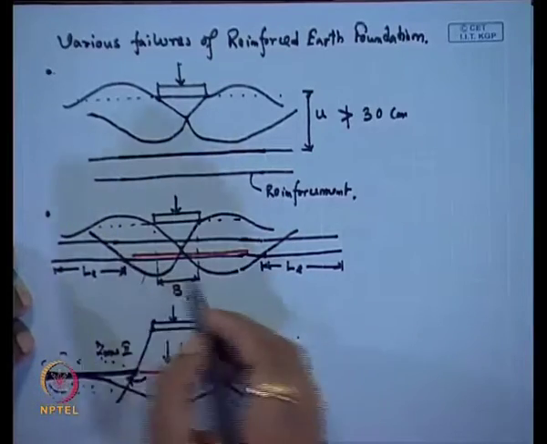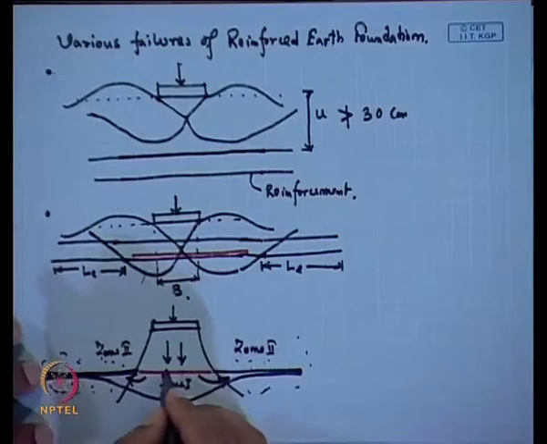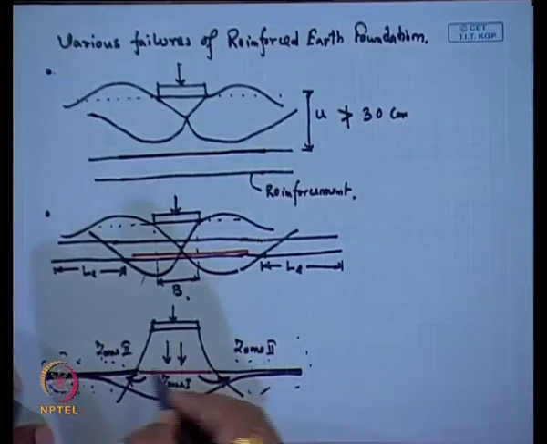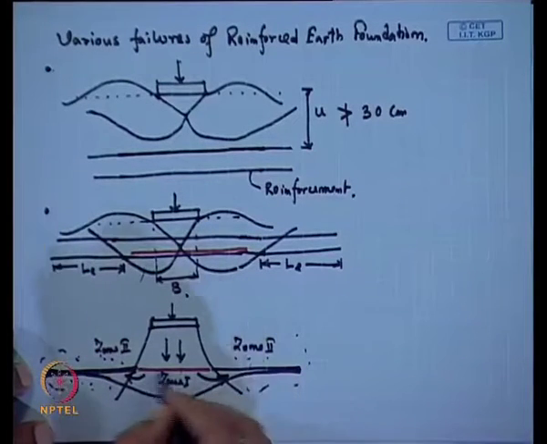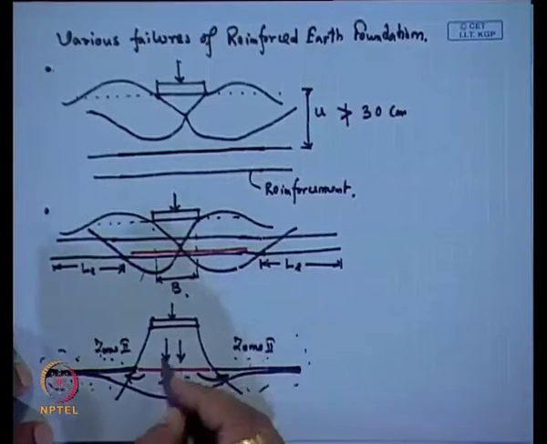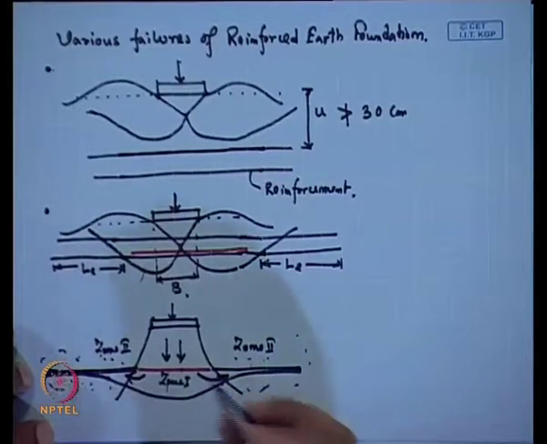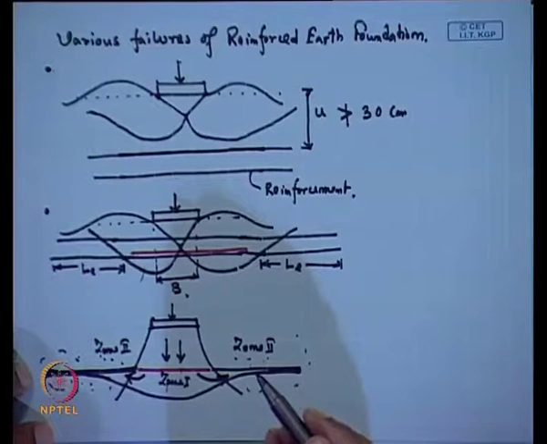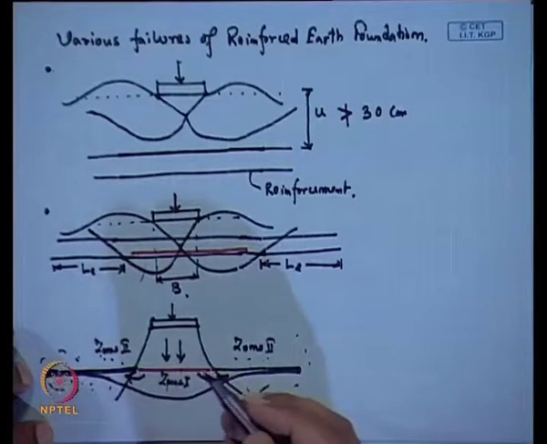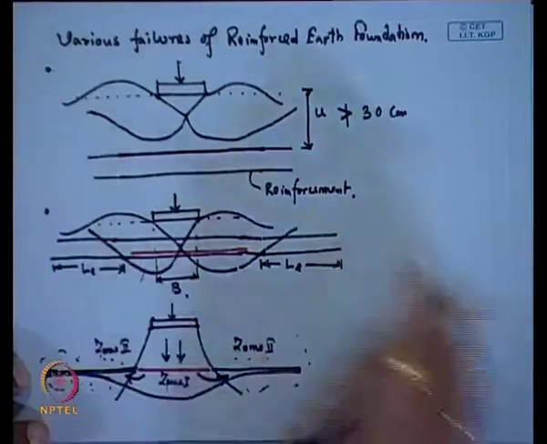But if I provide it only within the failure zone, as there is no outside anchorage, this reinforcement will move along with the soil. So, it will not give any benefit for the improvement purpose. That is another type of failure, because it is a wastage of money and we will not get any benefit. So, this is the second type of failure.